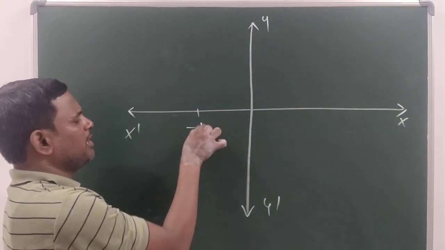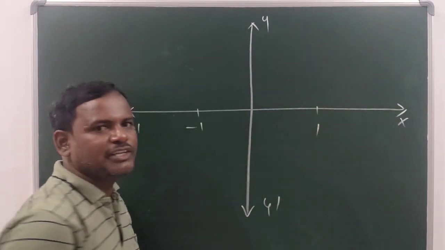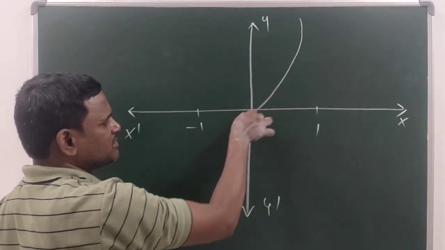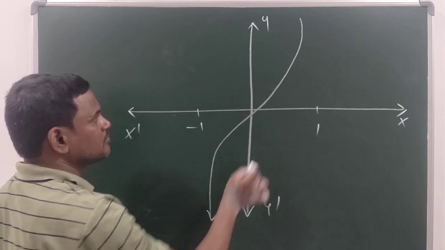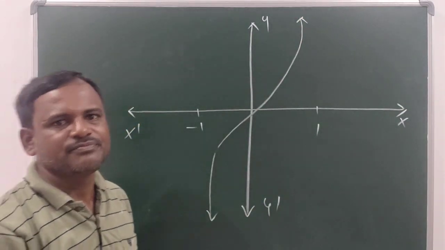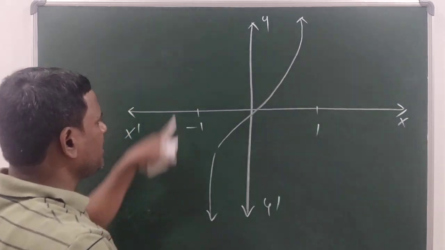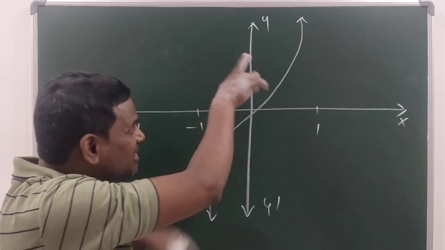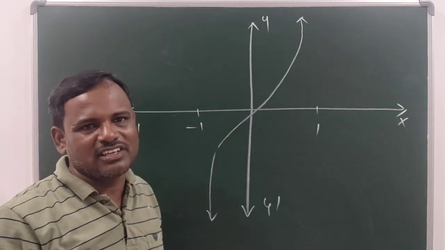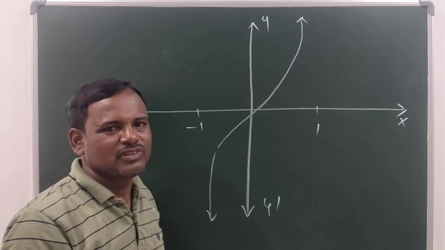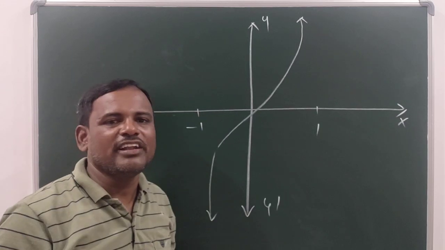So the domain is minus 1 to 1. As I said to you, the range is the set of real numbers. You get the graph like this. This is the graph of tan h inverse of x. If you draw a vertical line through minus 1, through 1, those vertical lines never touch this tan h inverse of x curve, because those two will be asymptotes. So this is the graph of tan h inverse of x.